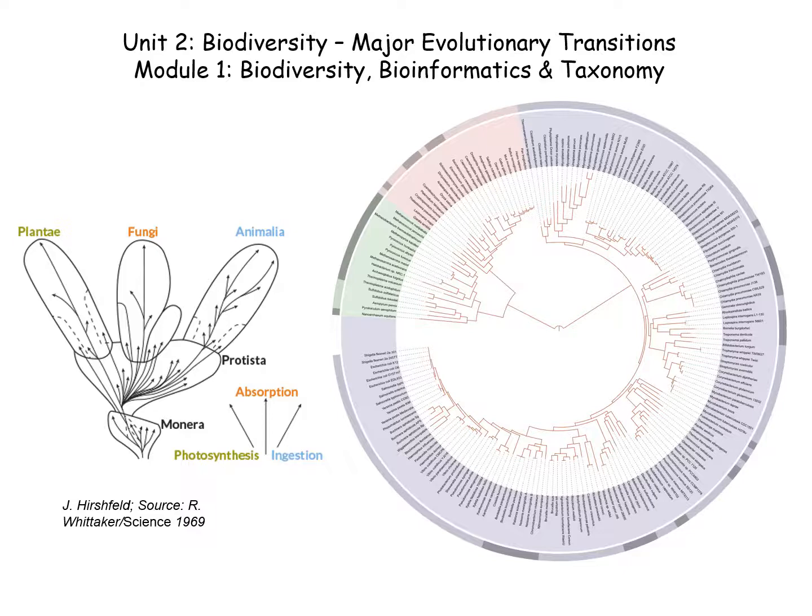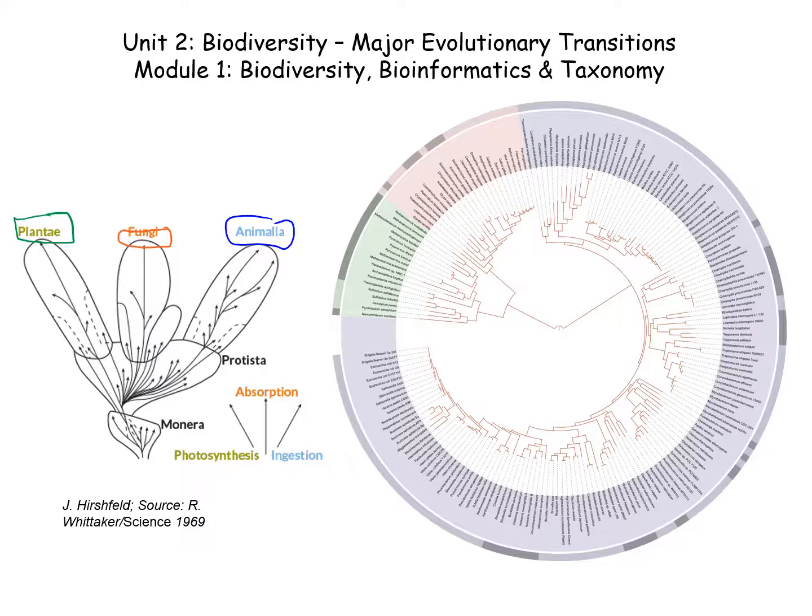Over time, we got to more defined schemes that included the plants that are able to photosynthesize, animals that eat their own food, and then the fungi that absorb food. So that kind of early classification scheme was based on a particular property of how one acquires nutrition.